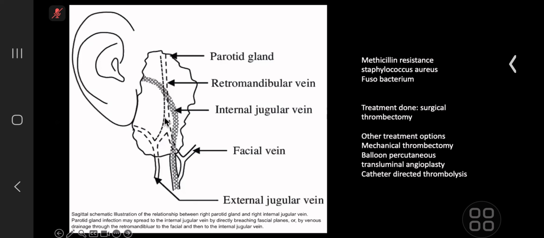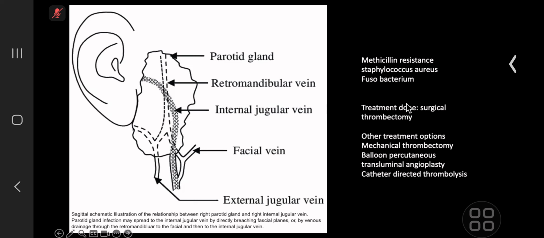There is a sheath along the parotid, which is in direct connection with the retromandibular vein. Once the sheath gets infected, it slowly encroaches, and the abscess involves the retromandibular vein, and over the course of time it can rapidly progress and form a thrombus within the IJV.